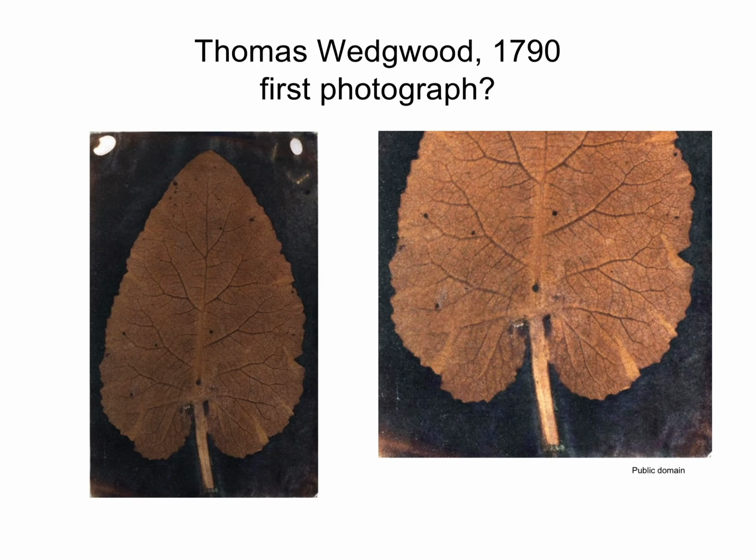I bring up the work of Thomas Wedgwood from 1790. Thomas Wedgwood was the son of Josiah Wedgwood, the celebrated ceramic industrialist who makes his presence felt in basically all those presentations in some way or other. And it is believed that he was the first photographer and the first to make a photograph. And this is an example of this work.